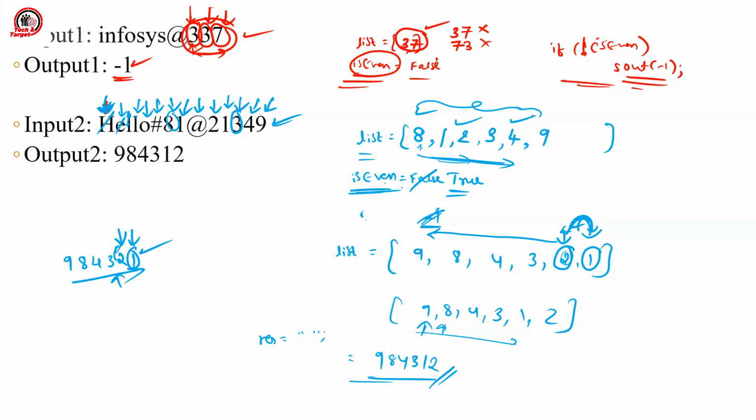So if is even is set true, we just have to sort the given array list in reverse order, that is, in decreasing order. After you sort them, you will grab the last digit and check whether that digit is even or odd. If that digit is even, then you will directly print that as your result.